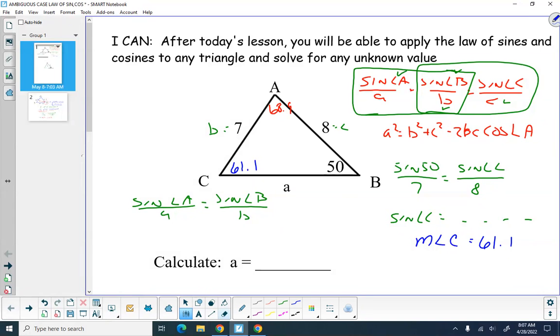So we have the sine of 68.9 divided by little a, which we don't know, equals sine of angle B over little b, which is a value of 7. So we can now solve by using law of sines the measure of little a by cross multiplying and dividing. Once again, we are just applying our law of sines and law of cosines.